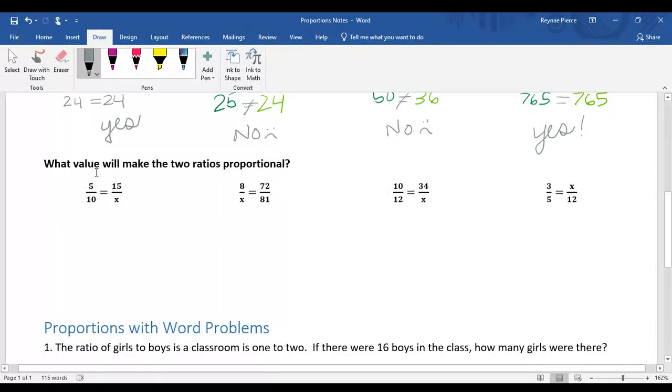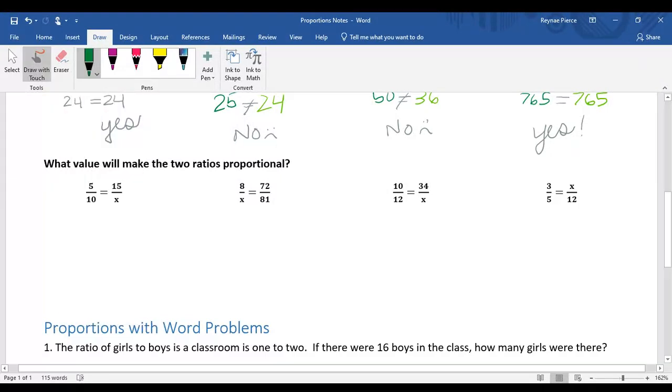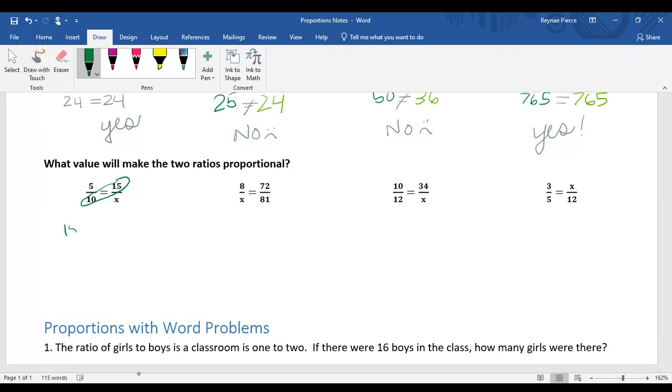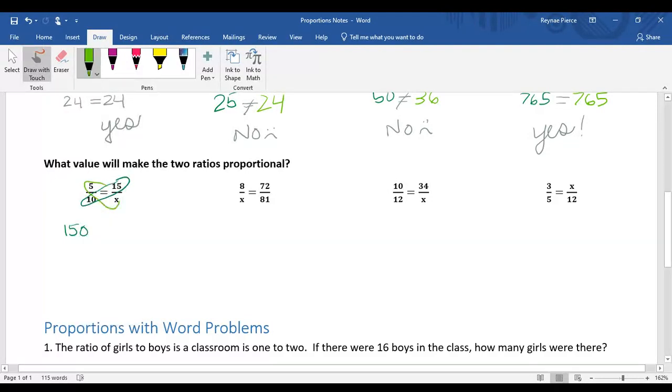But what is going to be beneficial is we can use proportions to find a missing value, okay? Or what value will make the ratios proportional. So we are still going to be cross multiplying, okay? 10 times 15 is 150. 5 times x is 5x.